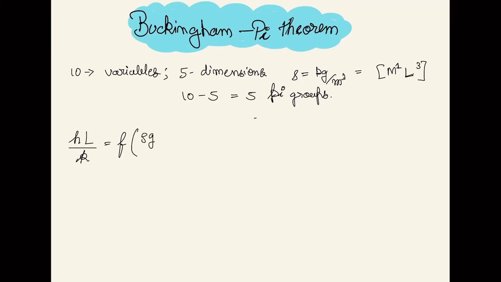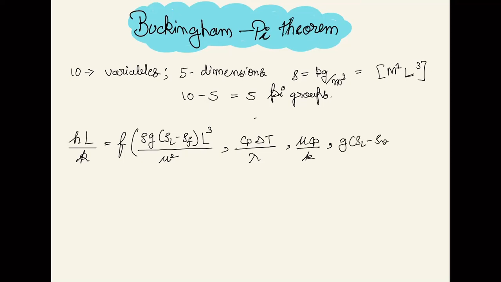The groups that are formed are as follows. Rho L to the power... L cube by mu square. The second group formed is Cp delta T by lambda, the third is mu Cp by K. Oh, 1, 2, 3. There's a fourth one also: g times (rho L minus rho V) times L square over sigma.